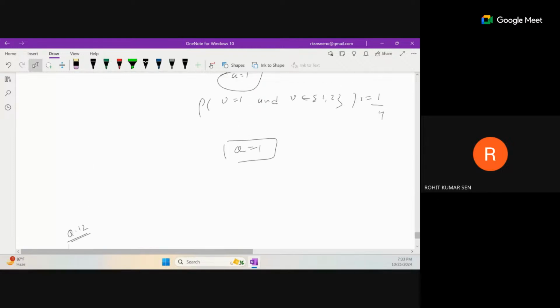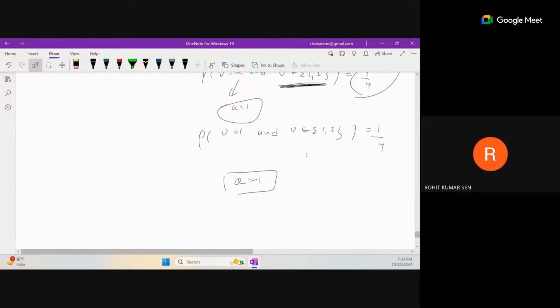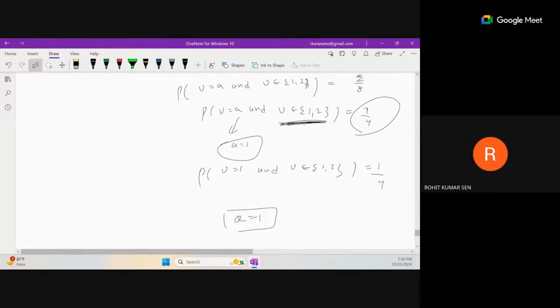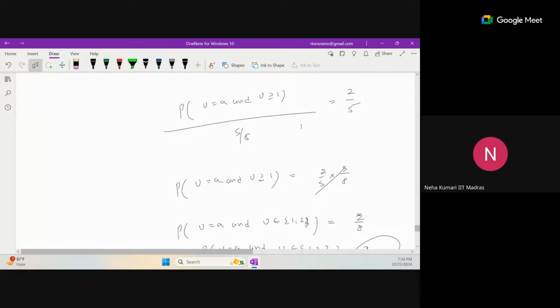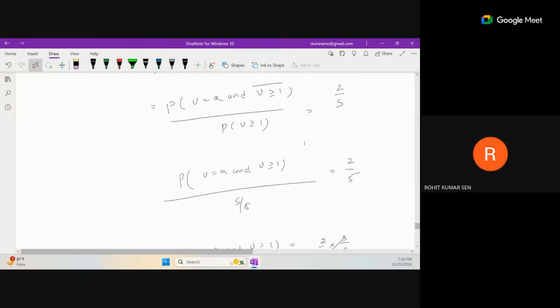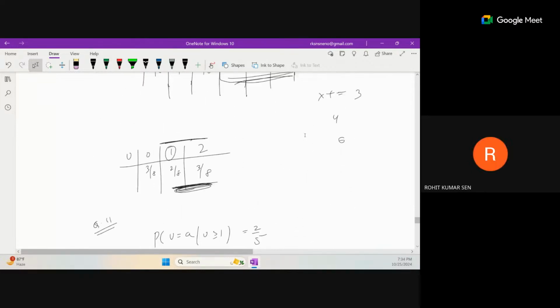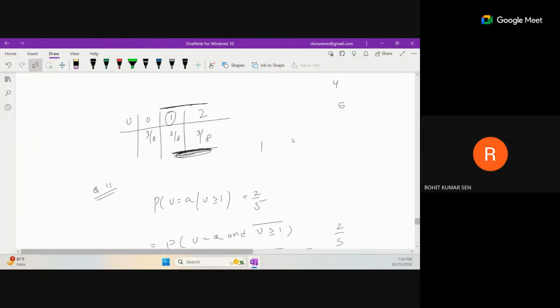Sir, could you please explain how you wrote P(U greater than or equal to 1) as 5 by 8? In the denominator part, the probability of U greater than or equal to 1 is the probability of U equal to 1 plus the probability of U equal to 2.